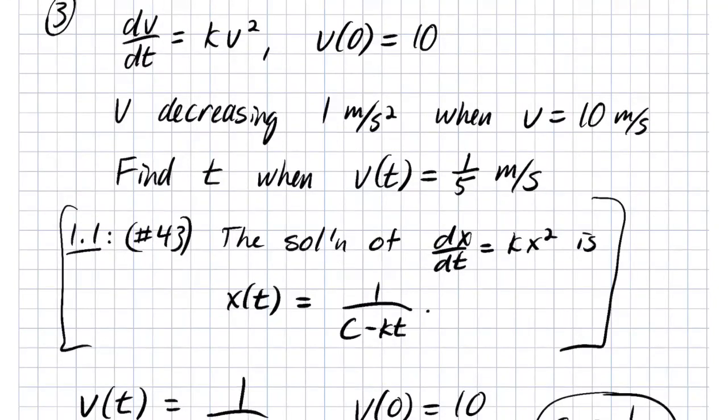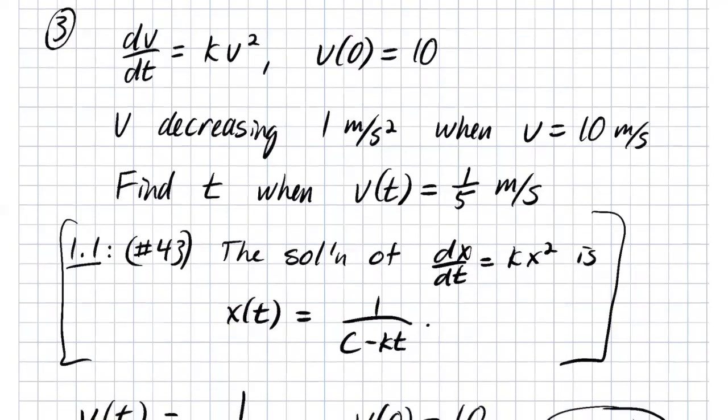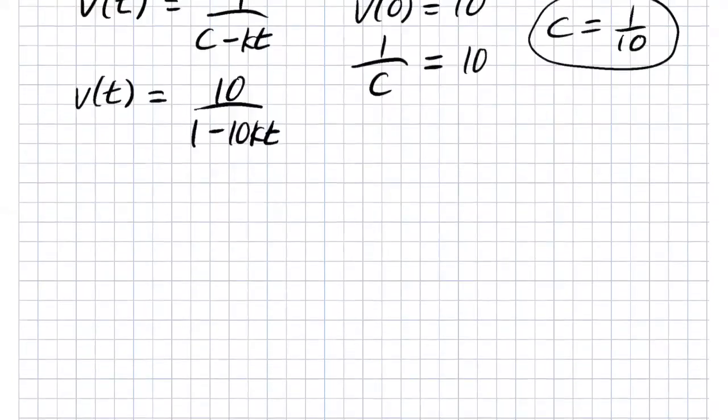It says v is decreasing at 1 meter per second squared when the velocity is 10. And actually we could use the differential equation directly to figure out what k is from that information. So v is decreasing. That means that this is decreasing at 1 meter per second squared.